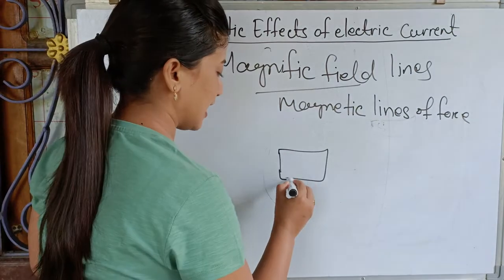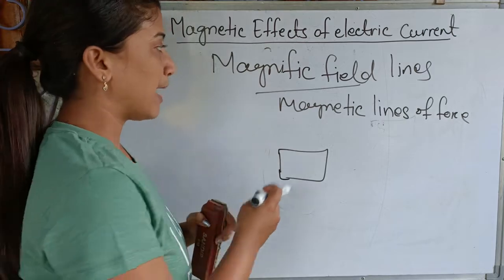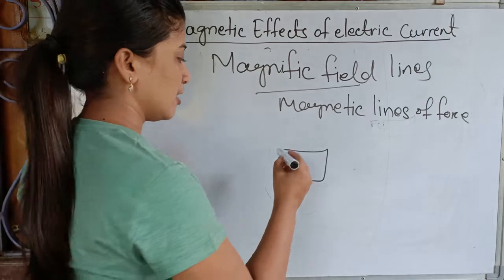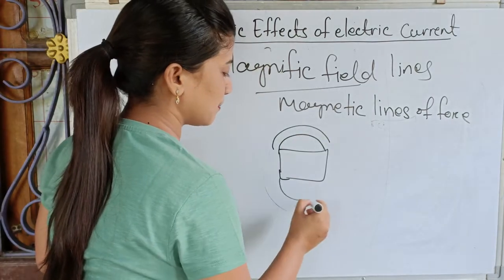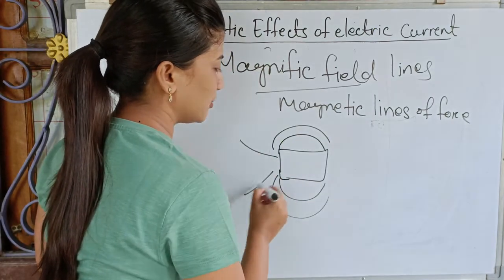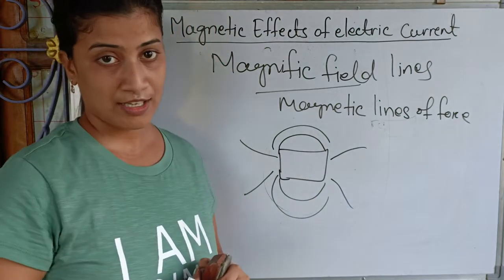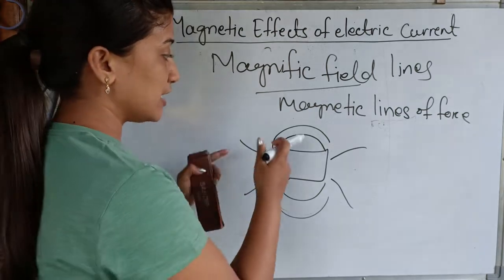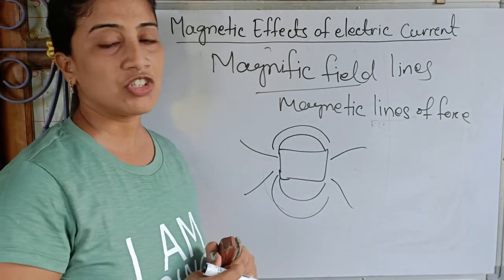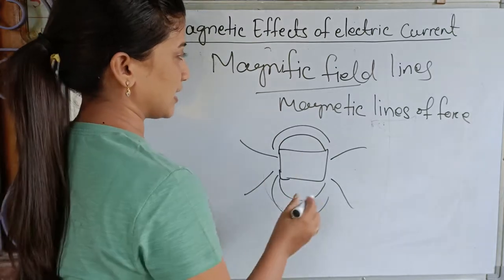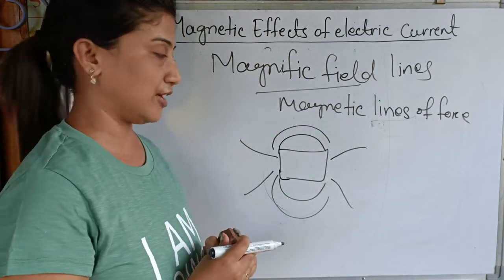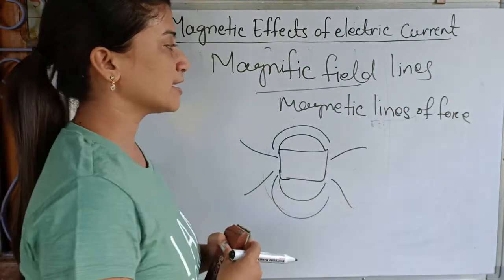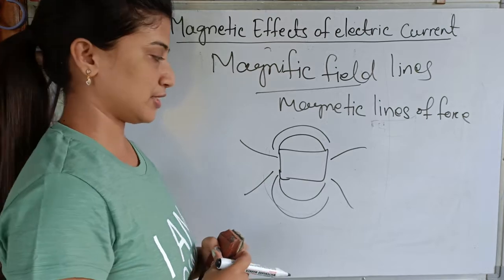These are the imaginary lines present in the magnetic field which can easily represent the presence of the magnetic field surrounded by a magnet. These lines are not actual lines, they are imaginary lines present inside the magnetic field, and they are called magnetic field lines, or magnetic lines of force.